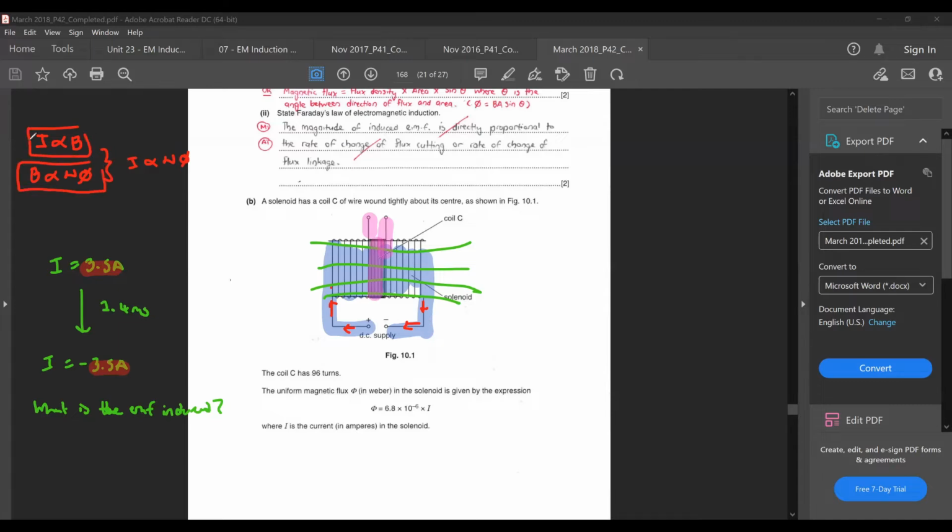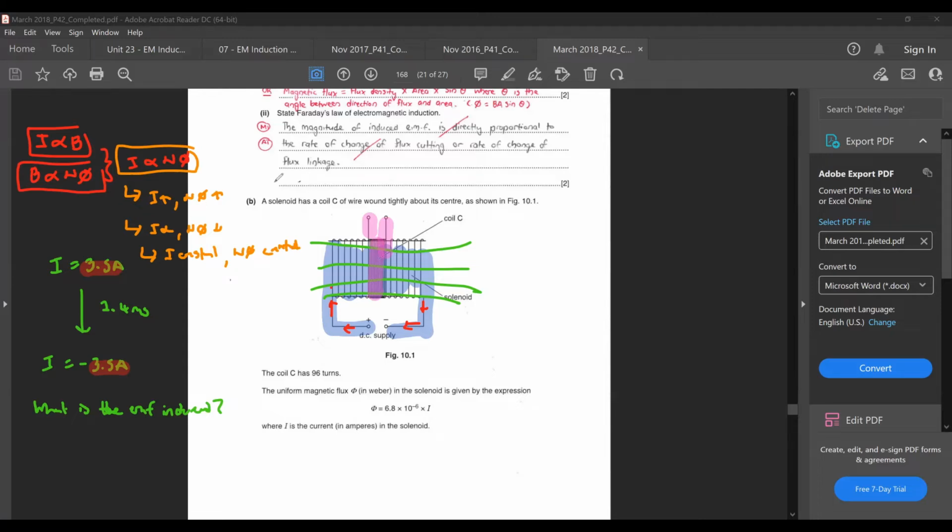So the end conclusion was that current is proportional to flux linkage itself. Now, the thing here is this: if I is increasing, flux linkage is increasing. If I drop, flux linkage is dropping. If I is constant, flux linkage is constant.